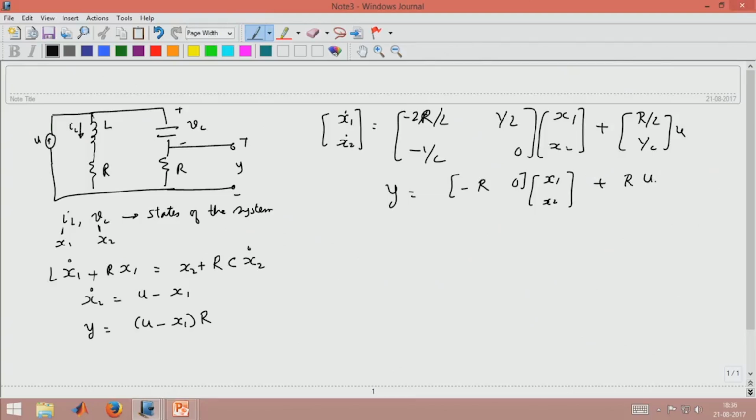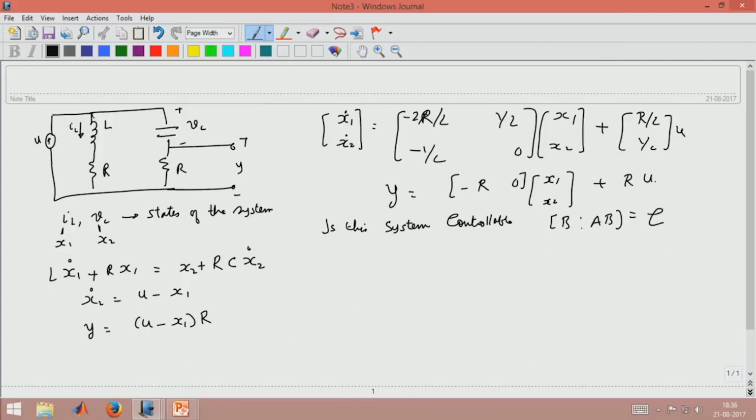Okay. Now, first, is this system controllable? Well, the idea would be to check the rank of B, AB. This is usually also referred to as the controllability matrix.